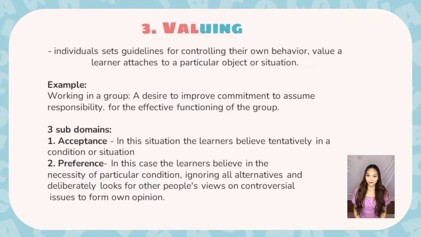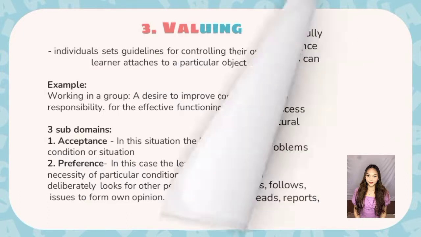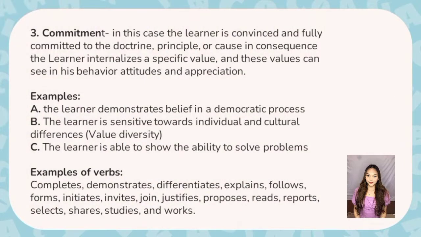In this case, the learner believes in the necessity of a particular condition, ignoring all alternatives, and deliberately looks for other people's views on controversial issues to form their own opinion. Number 3 is commitment. In this case, the learner is convinced and fully committed to the doctrine, principle, or cause and consequence. The learner internalizes a specific value, and these values can be seen in behavior, attitudes, and appreciation.